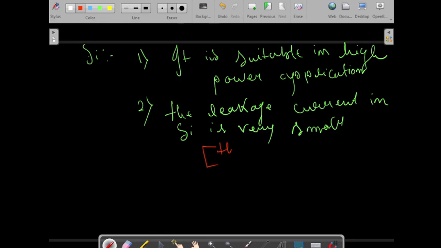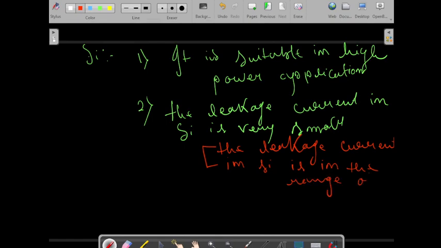The leakage current in silicon is in the range of nanoampere, but for germanium, it is in the range of microampere.